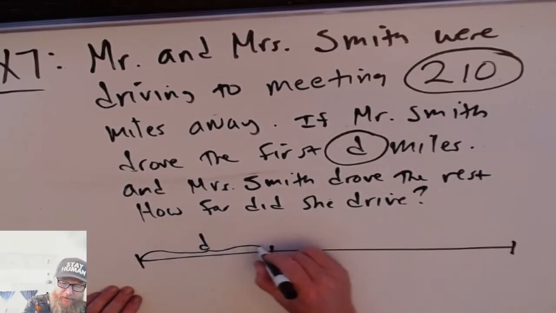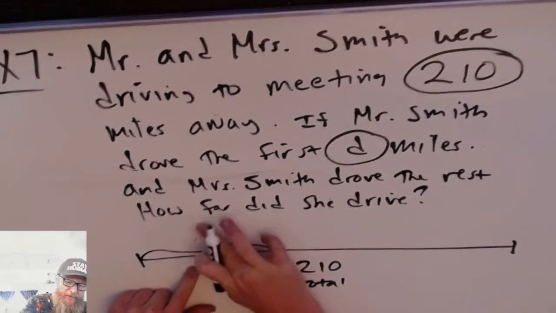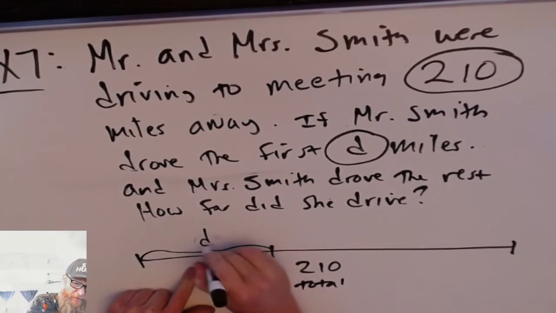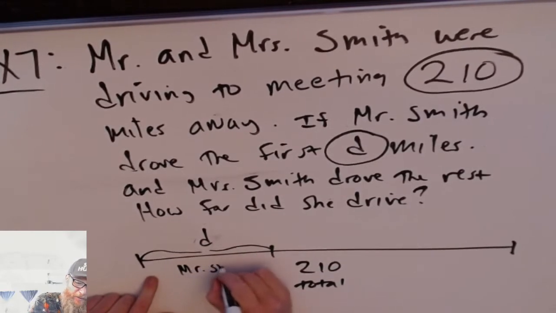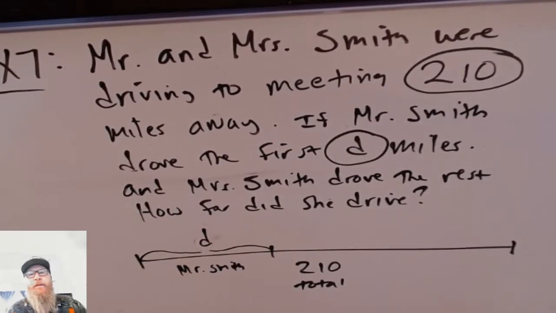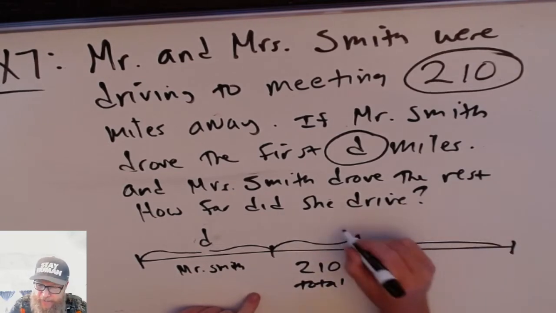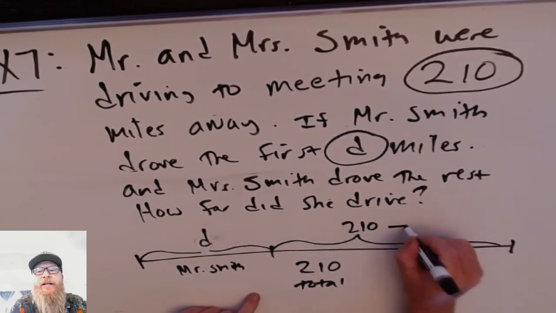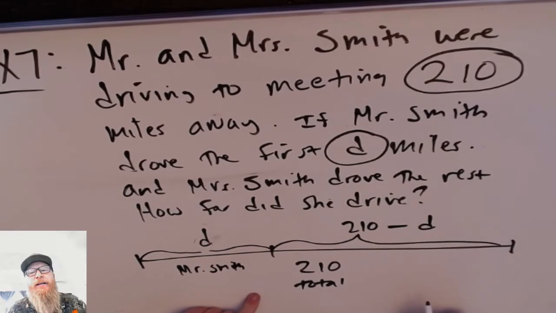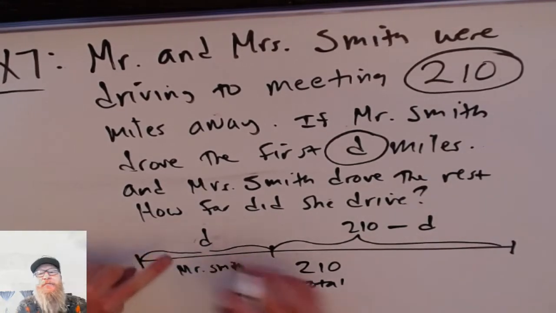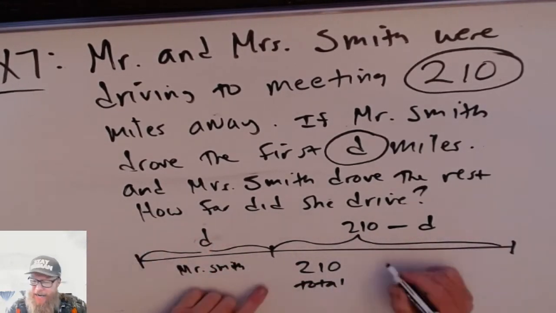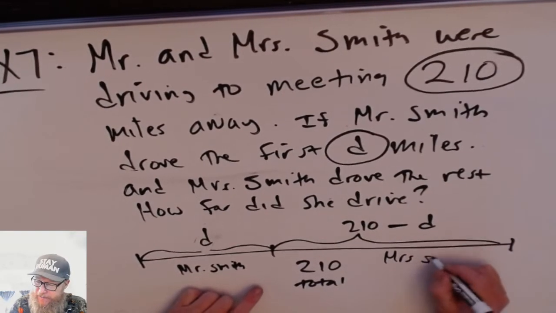So that's this amount here. So this is Mr. Smith. And then the leftover is 210 less D. So take away D from the 210, and this tells you how far Mrs. Smith drove.